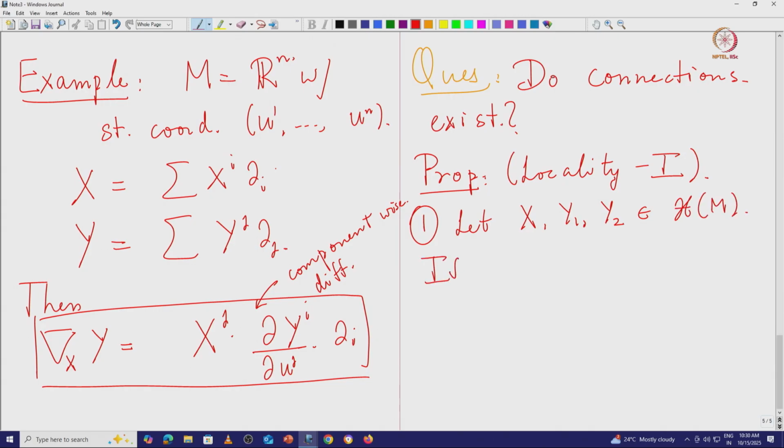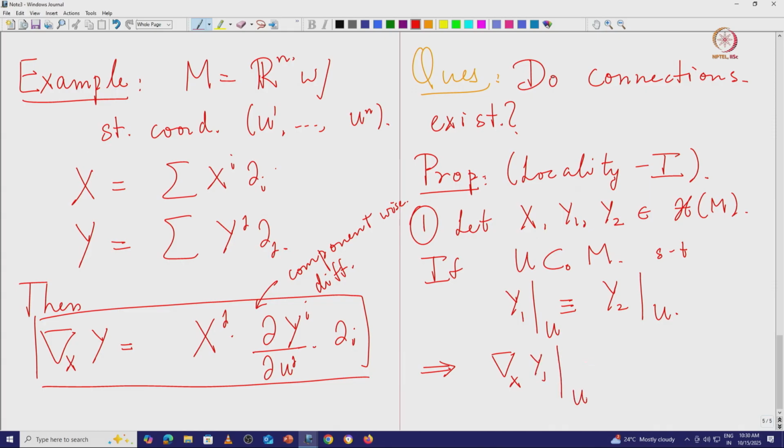So suppose there is an open subset U of M such that y1 restricted to U is identically the same as y2 restricted to U, then this implies that if you differentiate y1 with respect to x, then its restriction to U is the same as the derivative of y2 with respect to x.